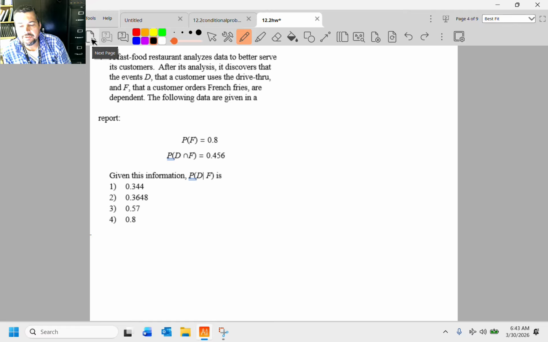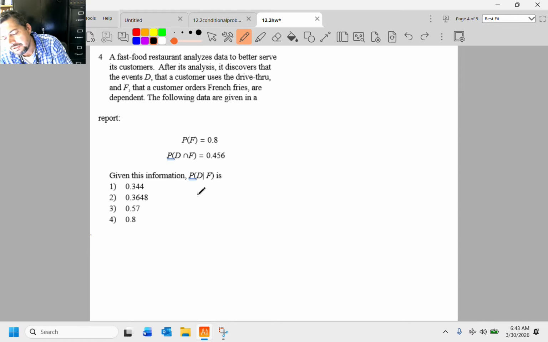A fast food restaurant analyzes data to better serve its customers. After its analysis, it discovers the events that a customer uses the drive-through, D, and that a customer orders French fries, F, are dependent. You're told that the probability of ordering French fries is 8/10, and the probability of the drive-through and ordering French fries is 0.456. Given this information, the probability of using the drive-through, given we have purchased French fries, is what?